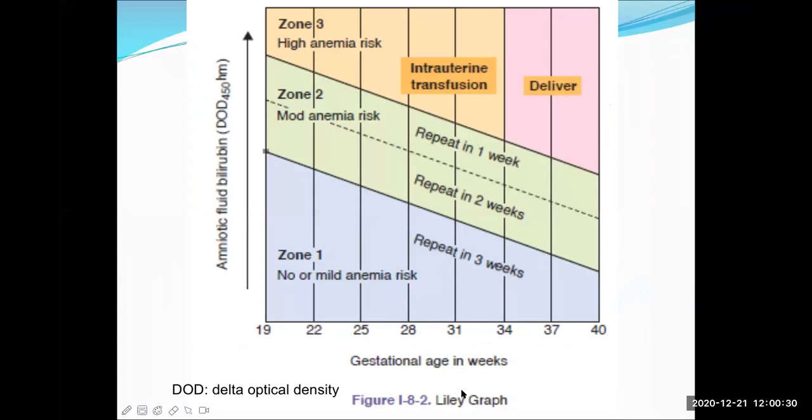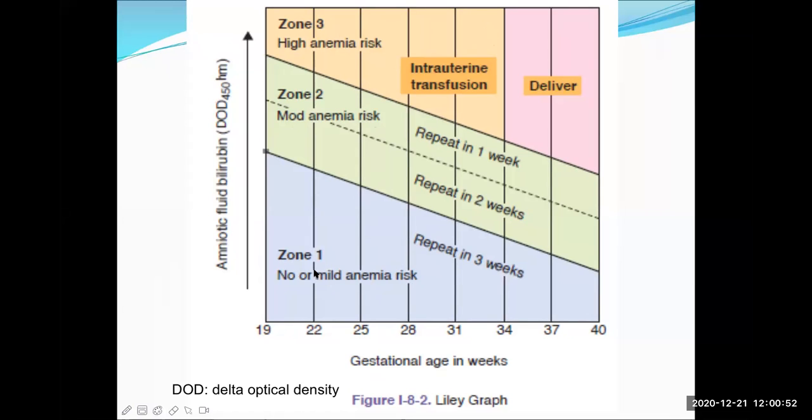Now another one is the Liley graph. This Liley graph has different zones: zone 1, zone 2, and zone 3. Zone 1 is no or mild anemia risk. Zone 2 is moderate anemia risk. And zone 3 is severe anemia risk.